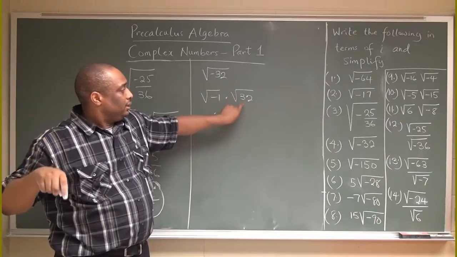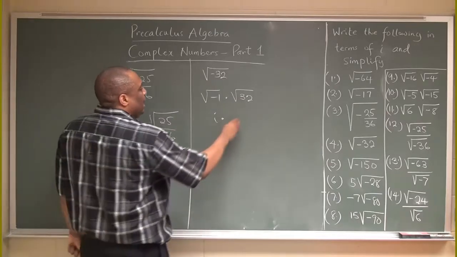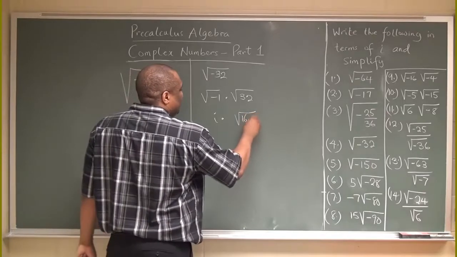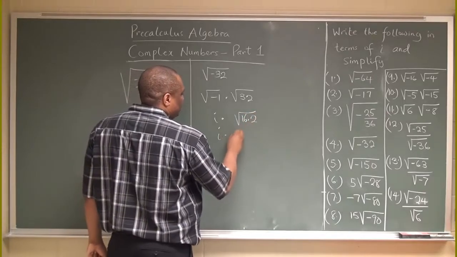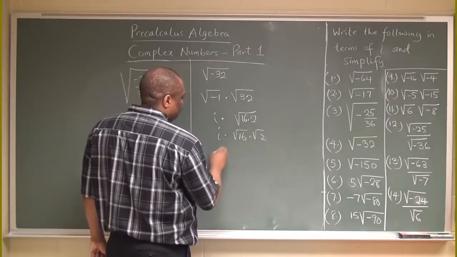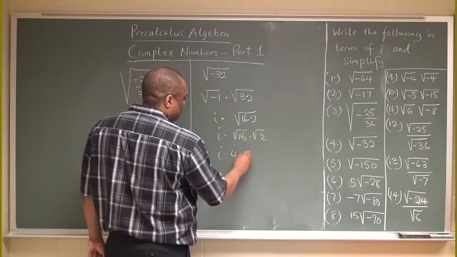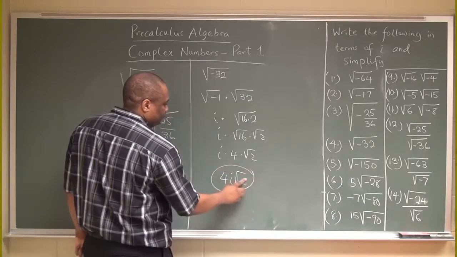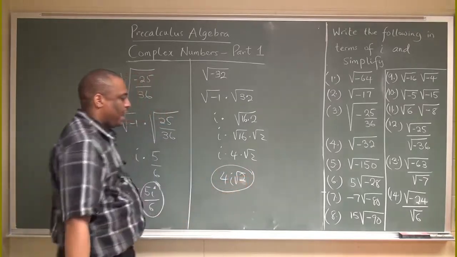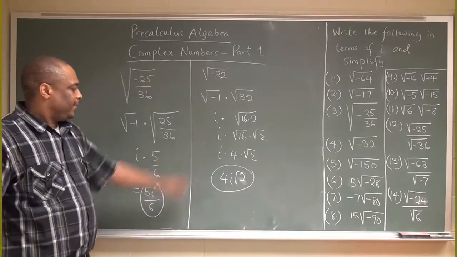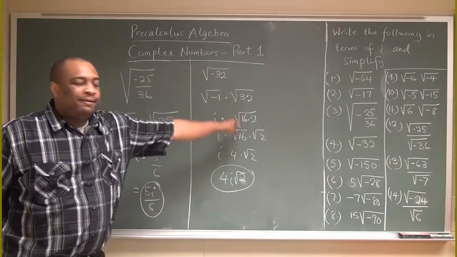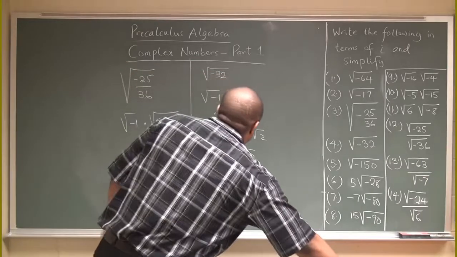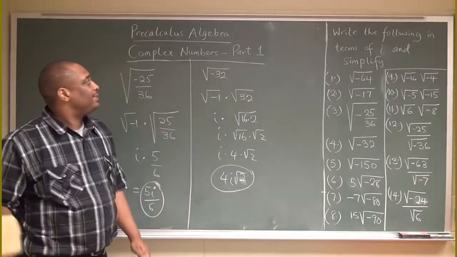So this is 16 times 2, which is i times square root of 16 times square root of 2, which is i times 4 times square root of 2, which is 4i square root of 2. View the video on simplifying radicals; it's on my website.